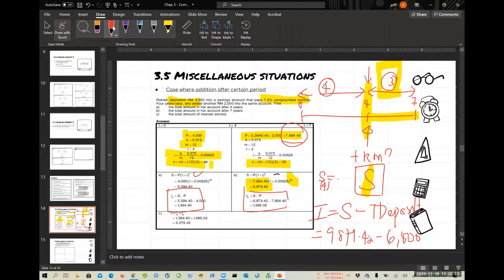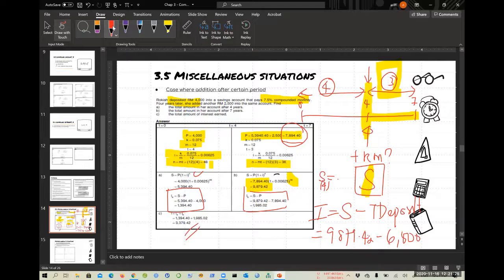So if you do this, you're going to get the answer to be 3,879.42. Okay, so that is the amount that you're going to get. So this is one of the situations. This situation says that you have additional values after a certain period. All right, so that is one of the situations.